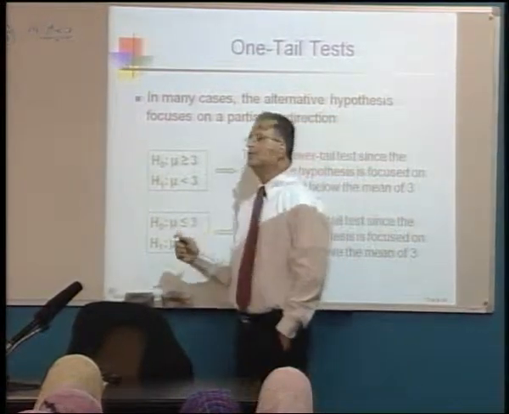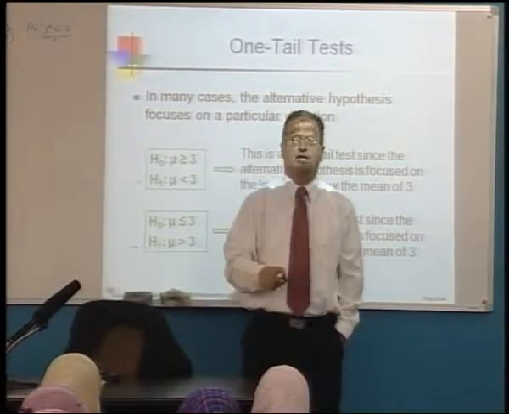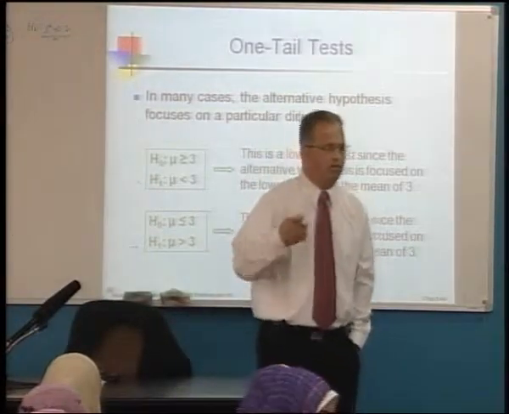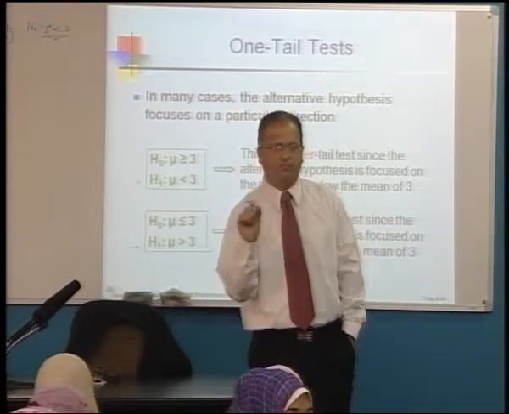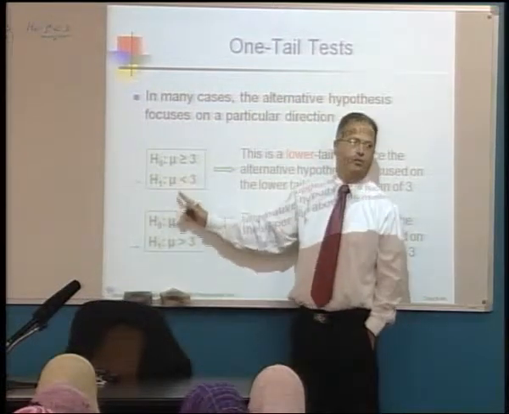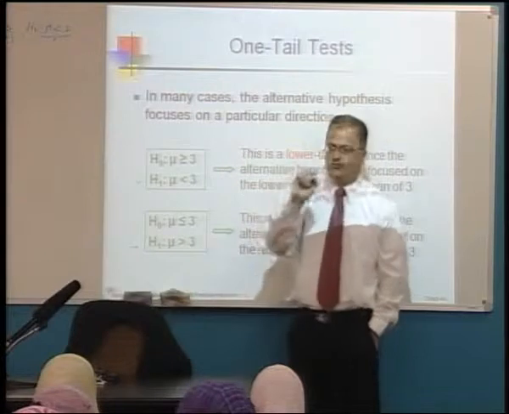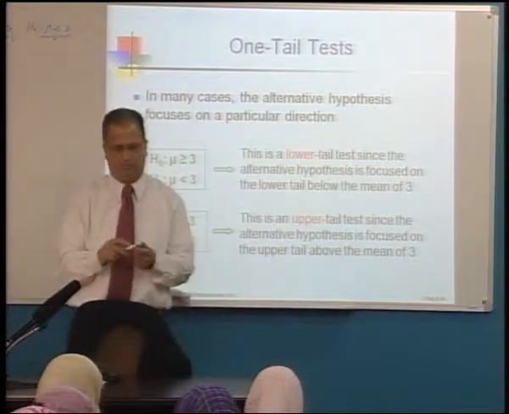Now, how can we state the appropriate null and alternative hypotheses? The answer depends on the problem itself. By using the problem, we can determine if the test is lower tail or upper tail. So we have to state both the null and alternative hypotheses carefully.